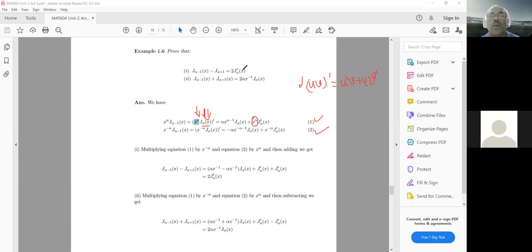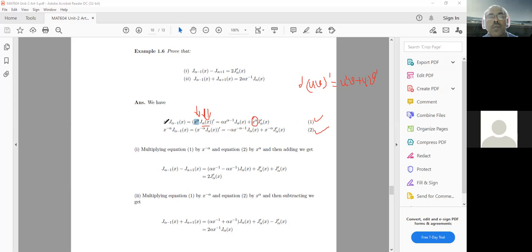Now to prove the first result, what we do, we just multiply the first equation by x to the power minus alpha, because I will get J alpha minus 1 here.